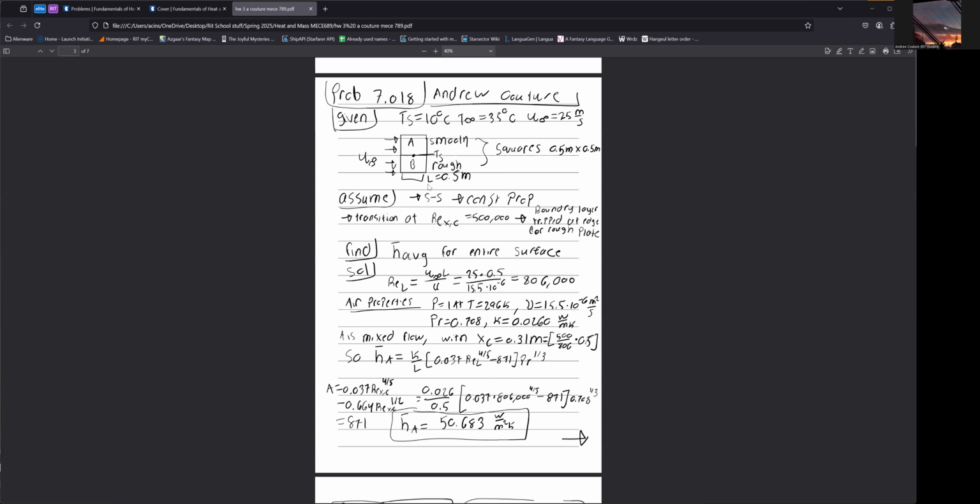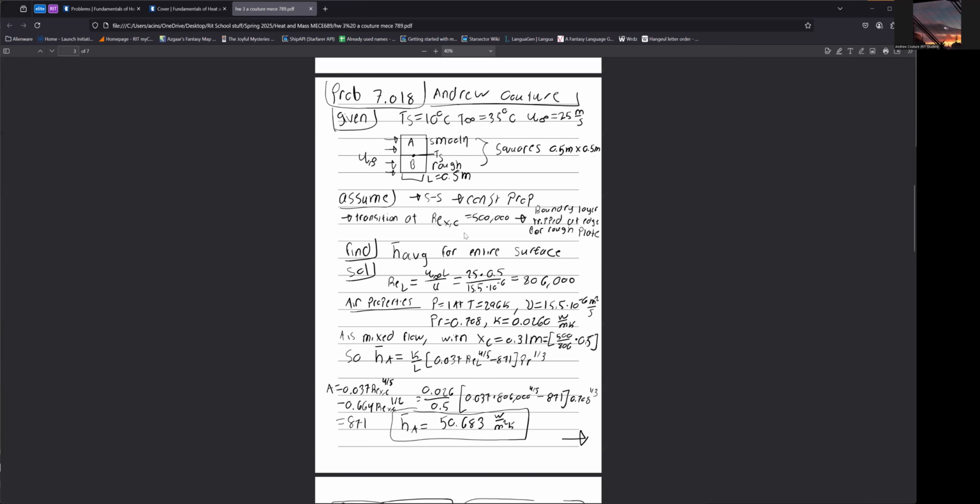Doing the Reynolds number for the length of the surface, it's the speed of the air, U infinity, 25 meters per second, times the length of this surface, half a meter, divided by nu, the air property at atmospheric pressure, 298 Kelvin, 1 atmosphere, which is 15.5 times 10 to the negative 6, which gives us a Reynolds number of 806,000.